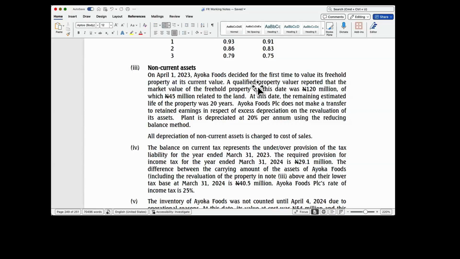Now, I know exactly what I need to do here. As I'm reading them, my mind has constructed what I need to do, and it's constructed it with the sequence of the question. The question firstly told me about the revaluation that happened at the beginning of the year. And I know that whenever they tell me about revaluation, only one thing will happen: revaluation surplus or deficit.